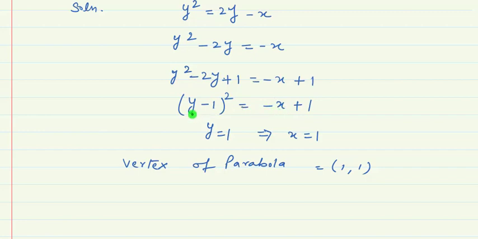So therefore the parabola will open in the negative direction along the x-axis. This time the parabola is not exactly along the x-axis, but the axis of the parabola is parallel to the x-axis. So let us draw the curve according to the collected information about the parabola.